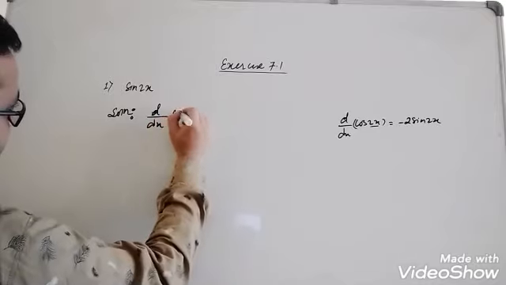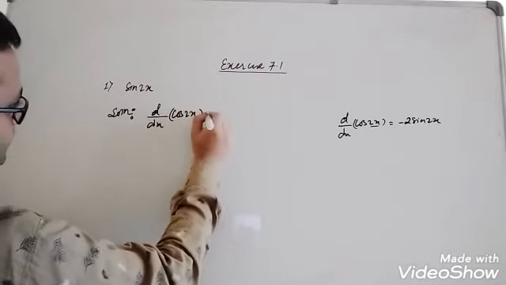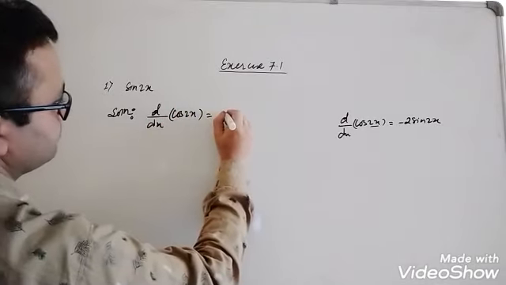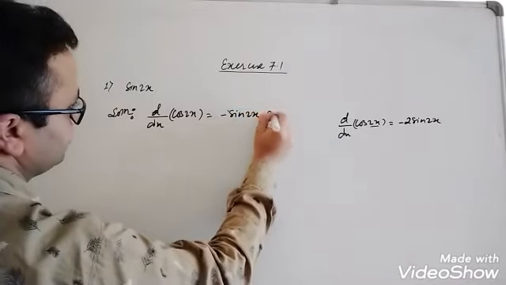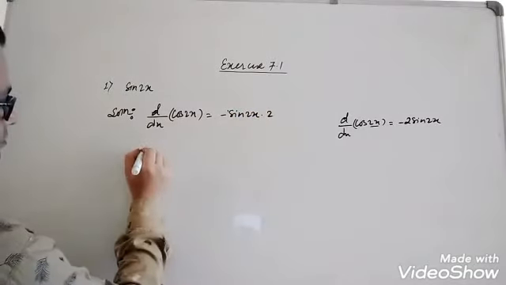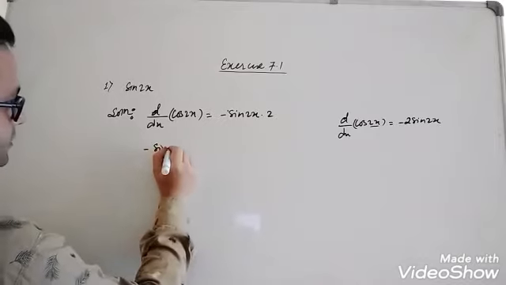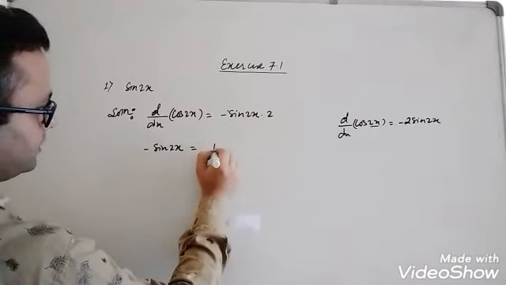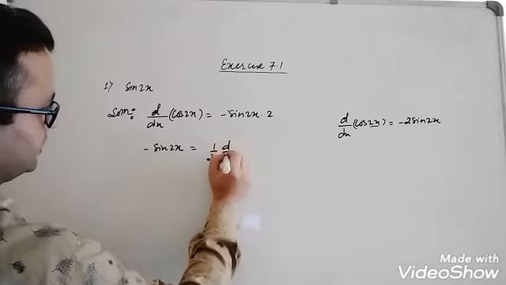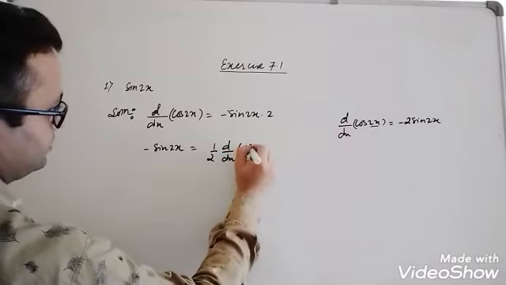So 2 comes here. So in the solution by the method of inspection, d/dx of cos 2x equals minus sin 2x into 2. Now minus sin 2x equals 1 by 2 d/dx of cos 2x.